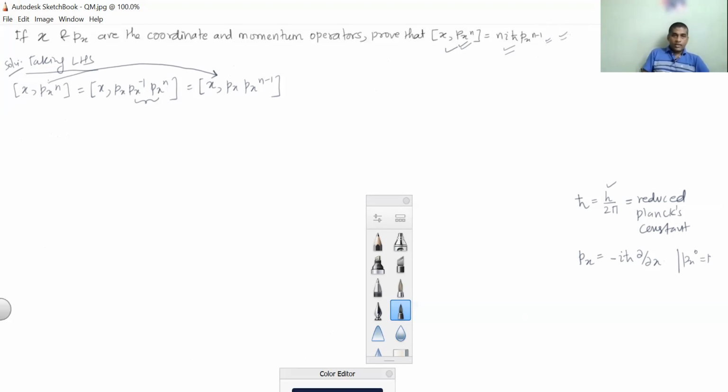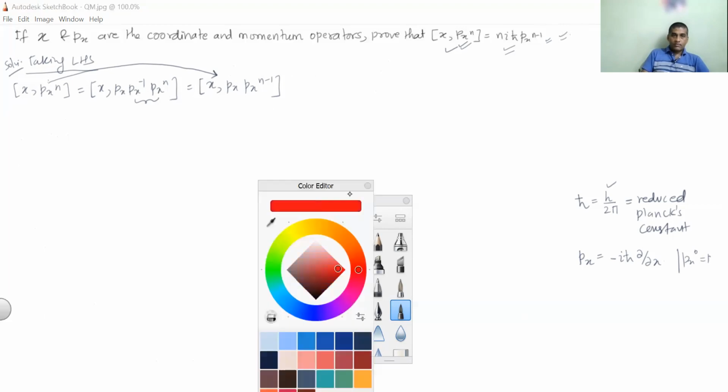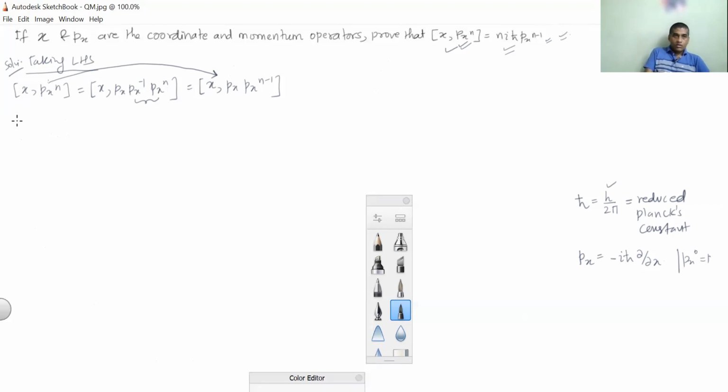So we can write the commutation of x, px power n equals the commutation of x, px, and we have px power n minus 1. So we are going to use this relation.